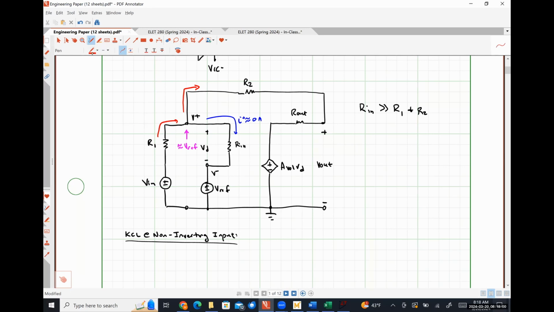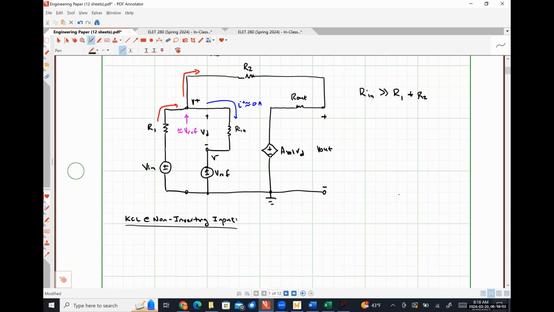So the current flowing through the resistor R1 is going to look like Vn minus approximately Vref divided by the resistance R1.